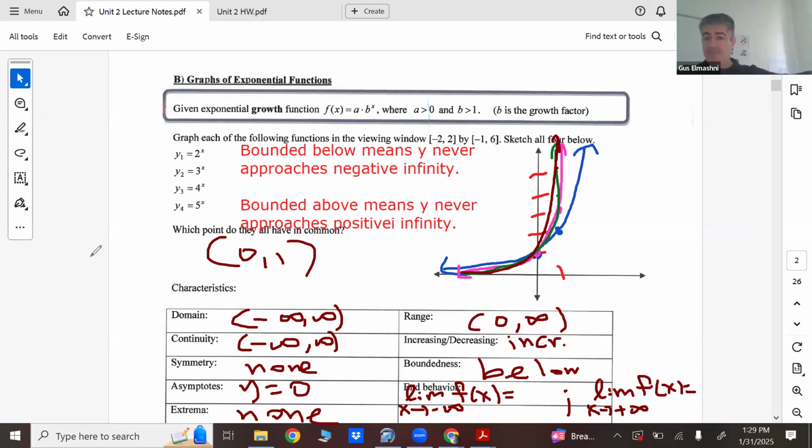If you're going further to the left for x, what's y doing? What's y approaching? How about if I'm going further to the right? What's y approaching? Right, correct.